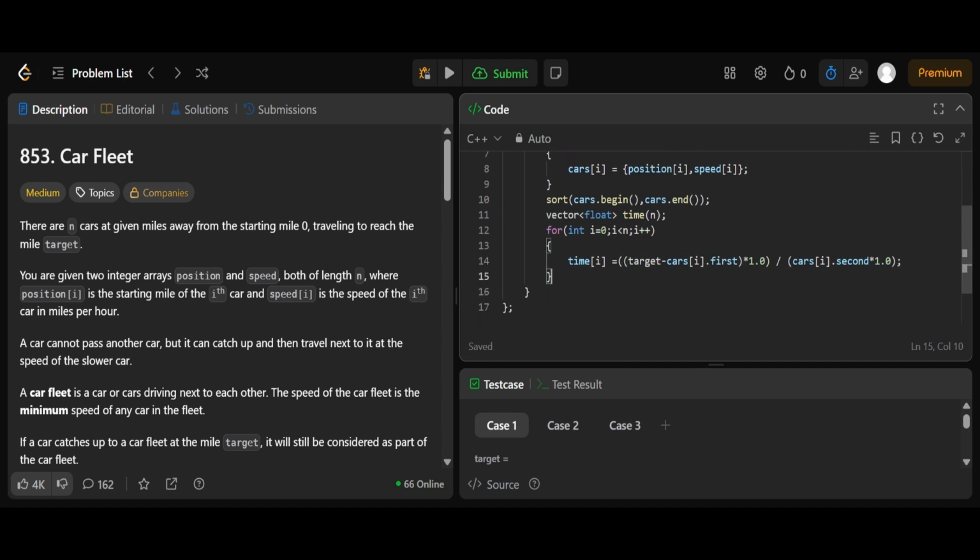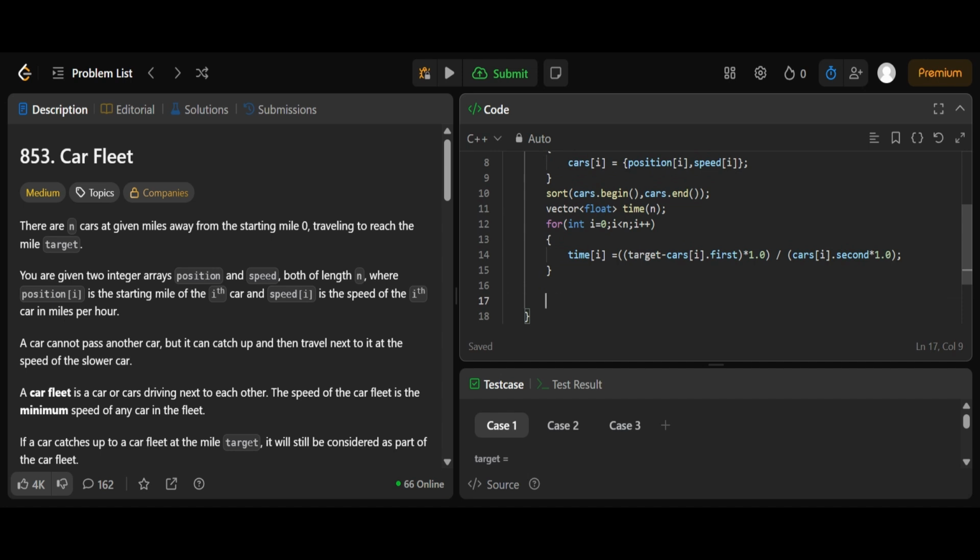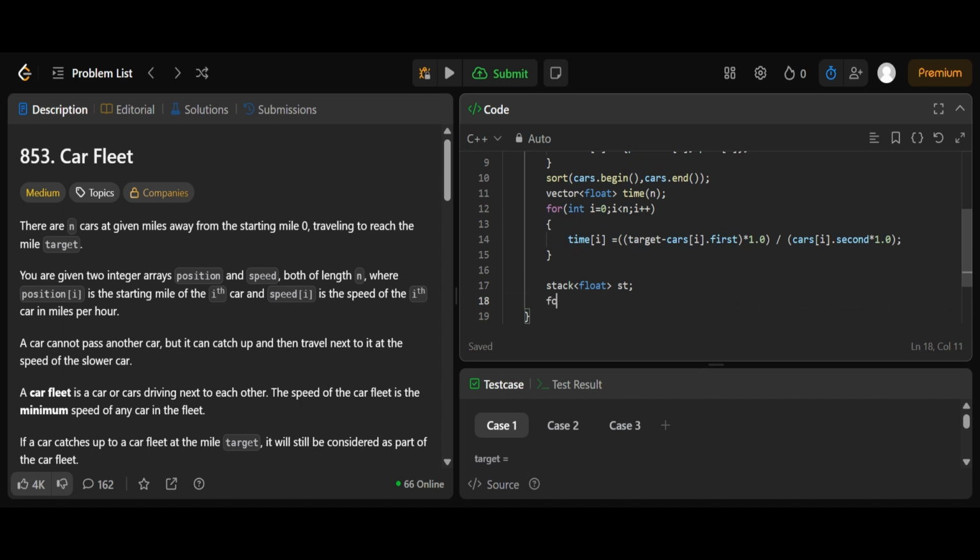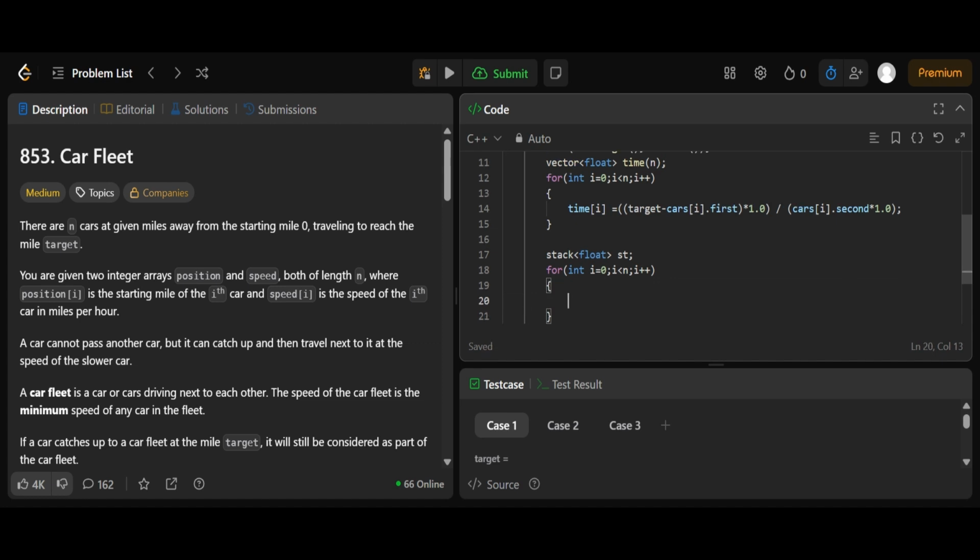Okay. Now you have one stack again of float only, and you will traverse in the forward direction itself. What you will do: while not stack dot empty, you have to apply the previous greater element algorithm, because I want my stack to be decreasing, right? Why decreasing?